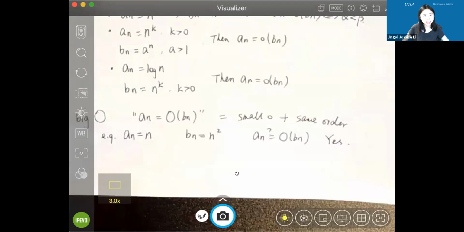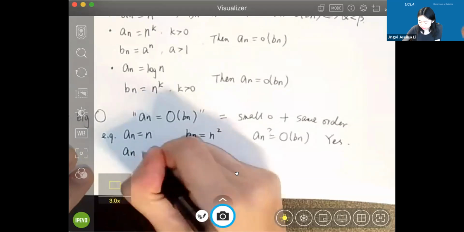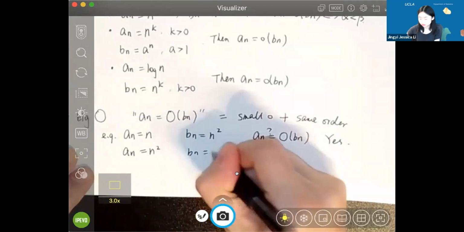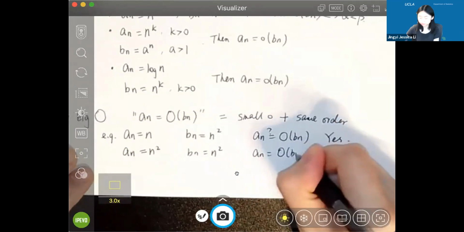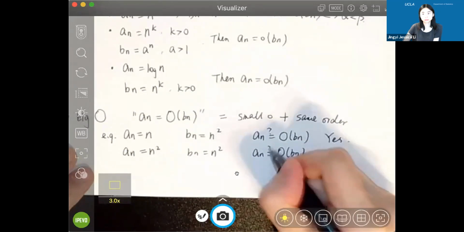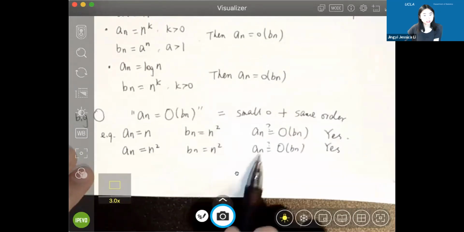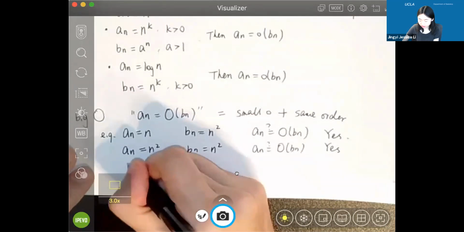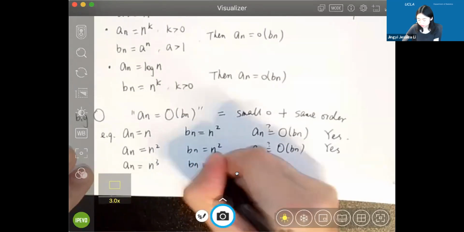Okay, then how about I change it to an is n squared and bn is still n squared. Is it still big O? Yes, because this is same order and asymptotically equivalent. Okay, further, how about an goes to n cubed and bn stays as n squared?